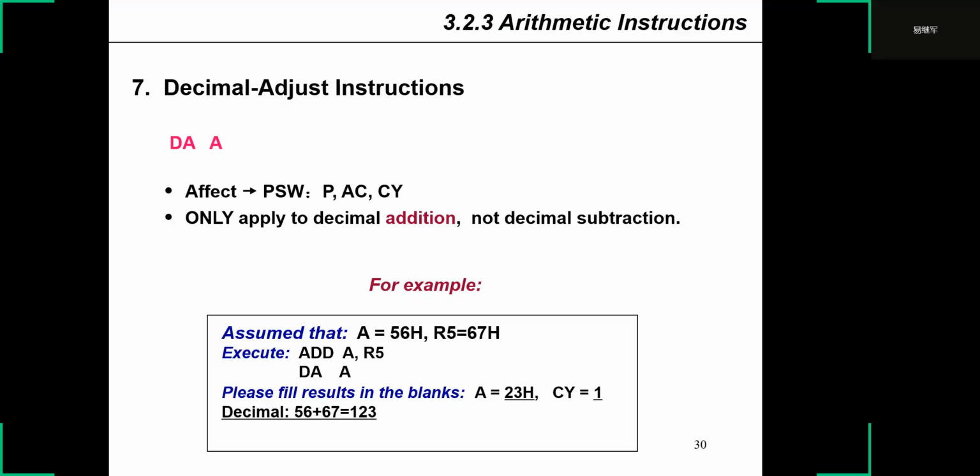When we execute decimal addition, we can use DA A to change the binary code to the decimal BCD code.